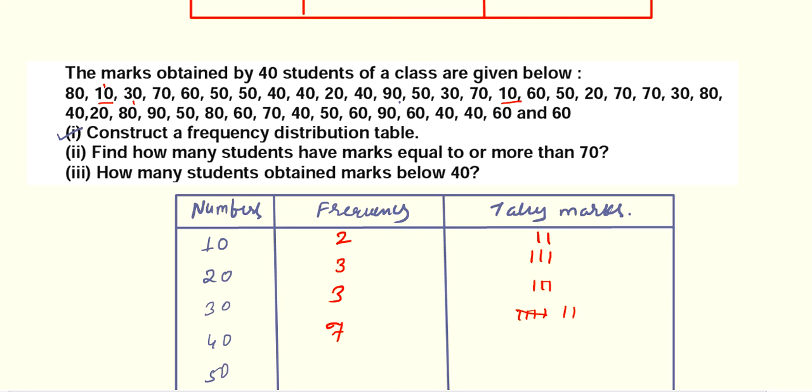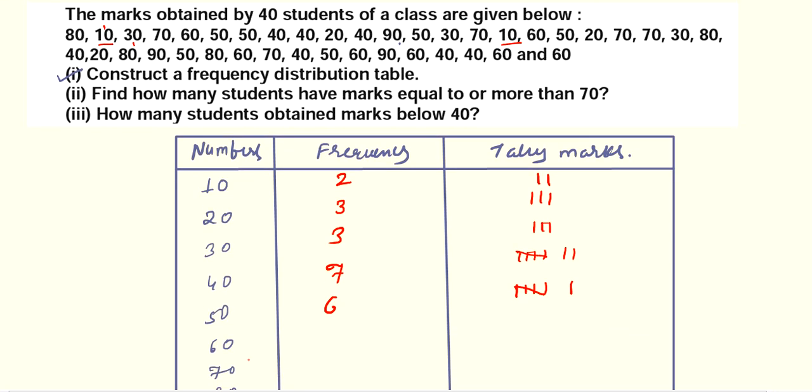Then after 40 we are having 50, so 50 is 1, 2, 3, 4, 5, 6. 6 times we are having 50.